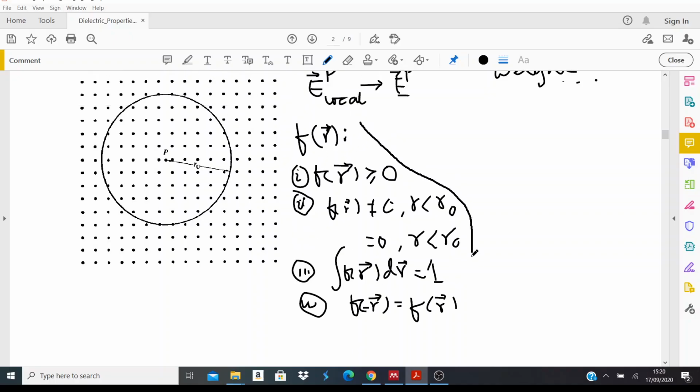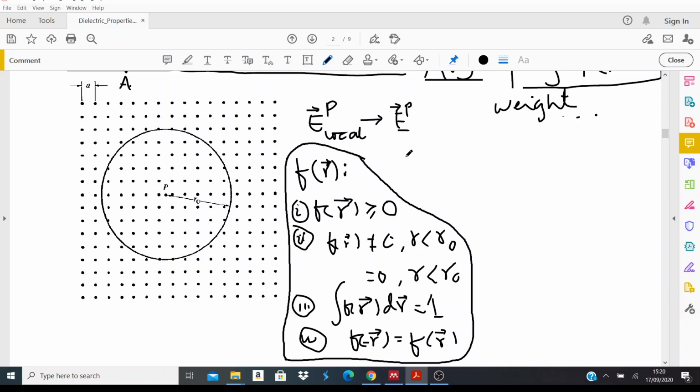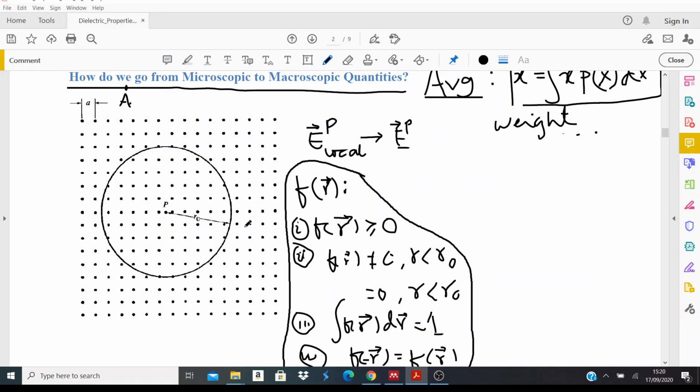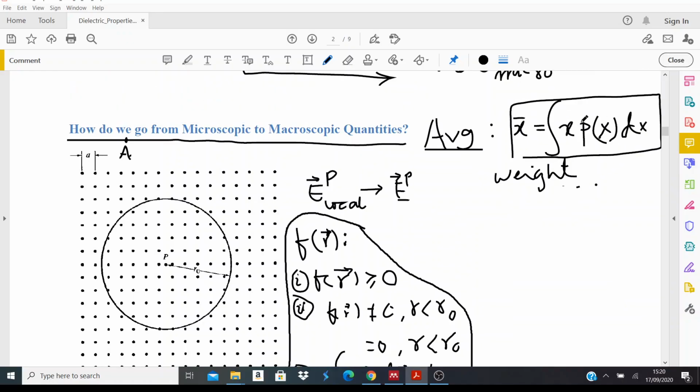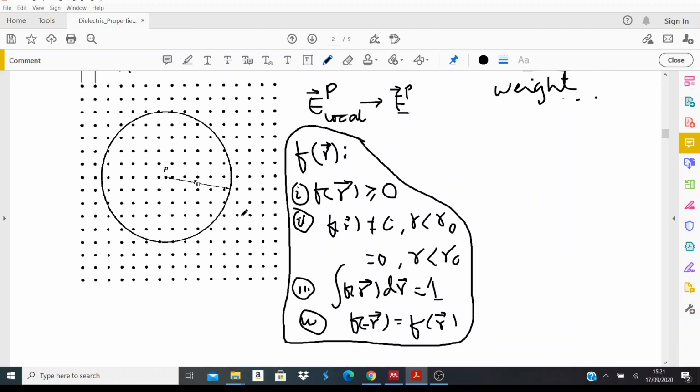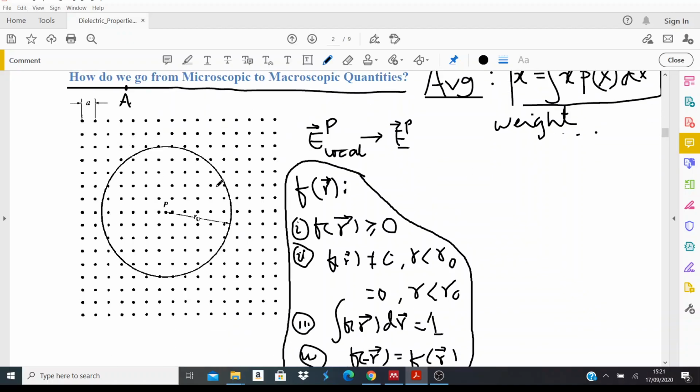Let's say we have such a function, and with this function we want to perform the averaging. How do you perform the average? You can think of something like this: the quantity that you want to average, times the density, and then you need to integrate over the variable. Here you can see that whatever points we have inside this circle, all of them will contribute to this point.